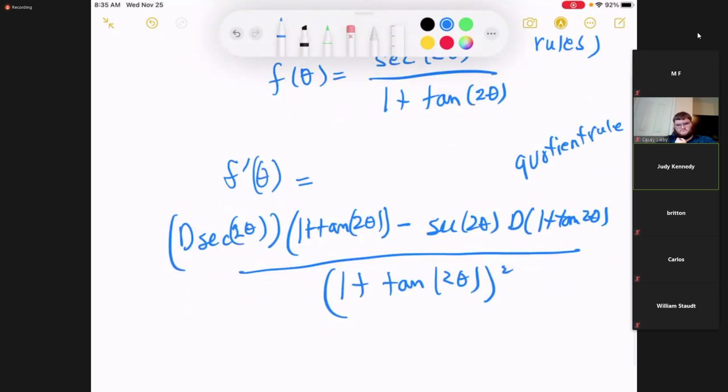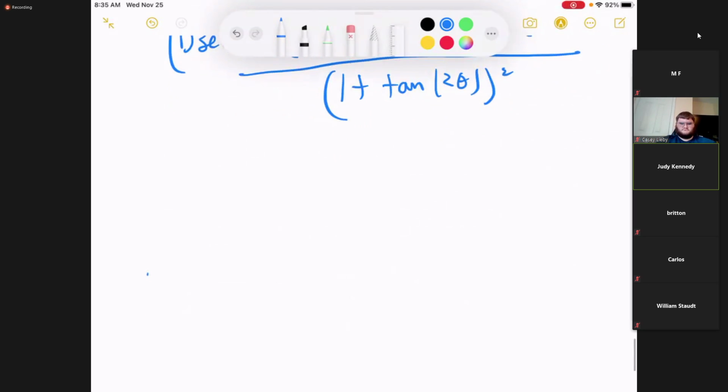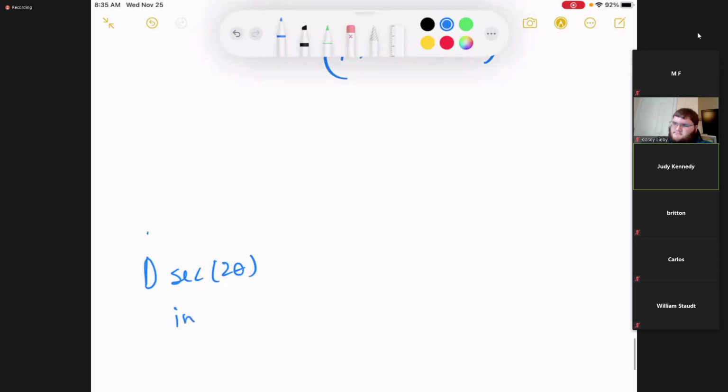Okay. Well, I need the derivative of the secant of 2 theta. And that's actually going to require the chain rule. So I'm going to leave space there. The inside function is 2 theta, u equal to 2 theta. Outside is secant of u.